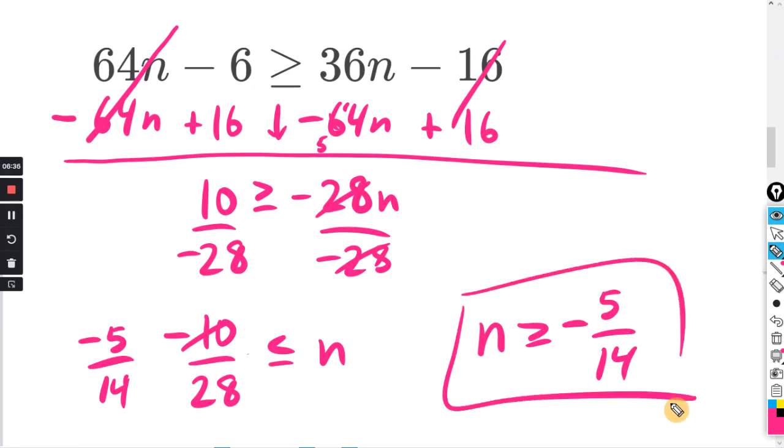Like I said, I think it's easier to subtract the smaller coefficient with the variable so you don't have to reverse the sign. But if you happen to get a negative times the variable, you're going to divide by that negative, and you need to reverse the inequality symbol. Anyhow, n is greater than or equal to negative 5 over 14.